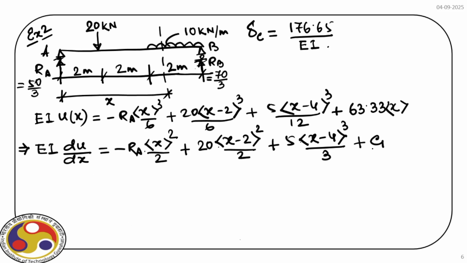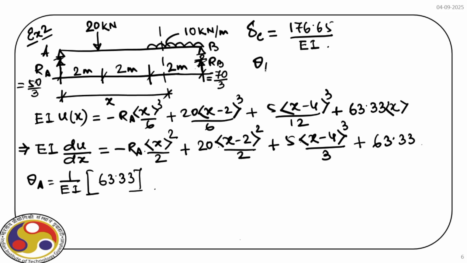Okay, so let us find out slope at x equal to 0 and x equal to L. Now, theta A is equal to 1 by EI, and then we have to put x equal to 0, so all the terms will be 0 except the last term, that is 63.33. Right, so we get theta A is equal to 63.33 divided by EI. Now let us also verify the slope at the other end, and for that we have to put x equal to 6.